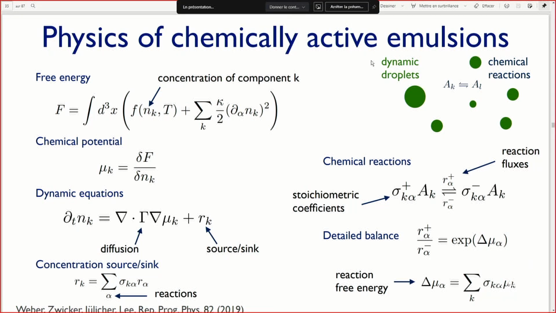Sigma plus are those on the left side of the reaction, and sigma minus are those on the right side, and here you have to sum over k. This is a very general way to write it. Every chemical reaction can be written in this general form. The reaction has an index alpha, which goes from 1 to the number of reactions. For each reaction, we have such an equation, which takes a number of molecules on the left, which react to a certain number of molecules on the right side.